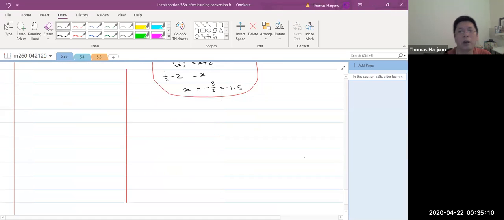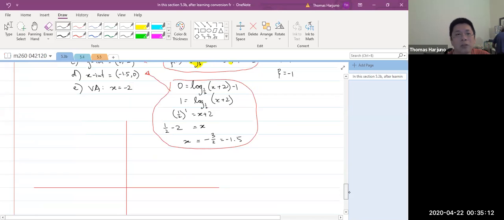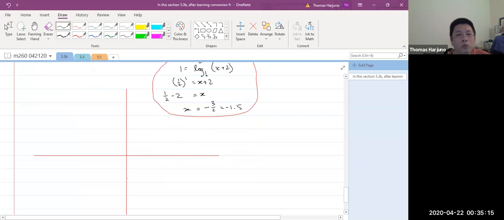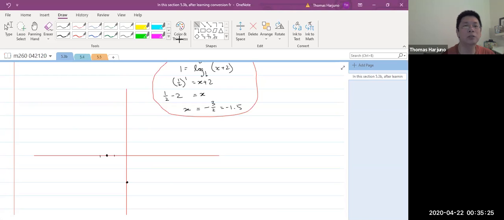Graph, we have, what are the coordinates? (0, -2), and then (-1.5, 0). The vertical asymptote is x equals -2.